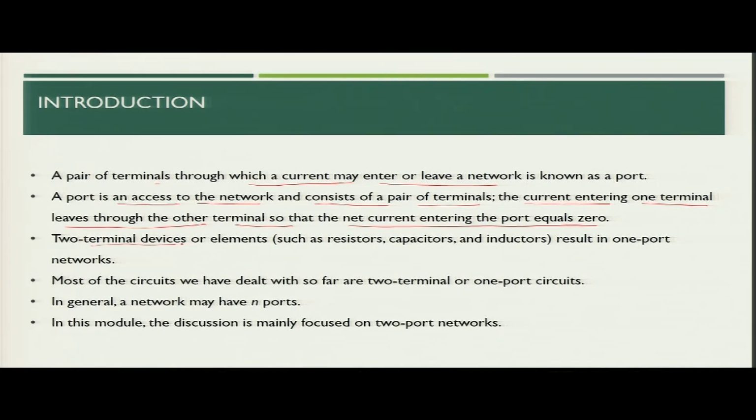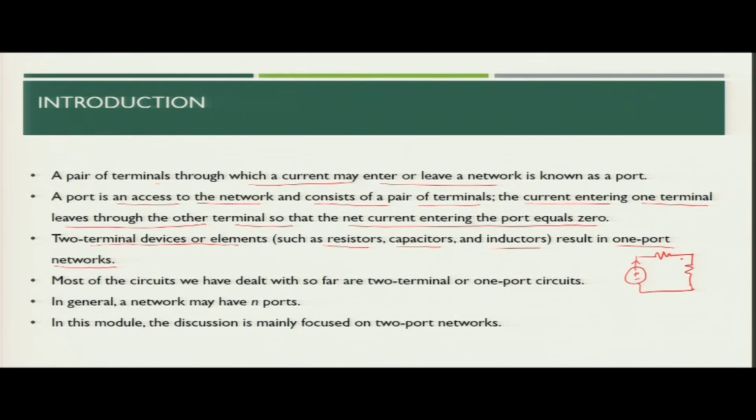Now, two terminal devices or elements which we discussed till now, such as resistors, capacitors, inductors, are called one port networks. So, that means what we have discussed till now were circuits like this, where we have the resistances and we try to find out the current flowing through the network.